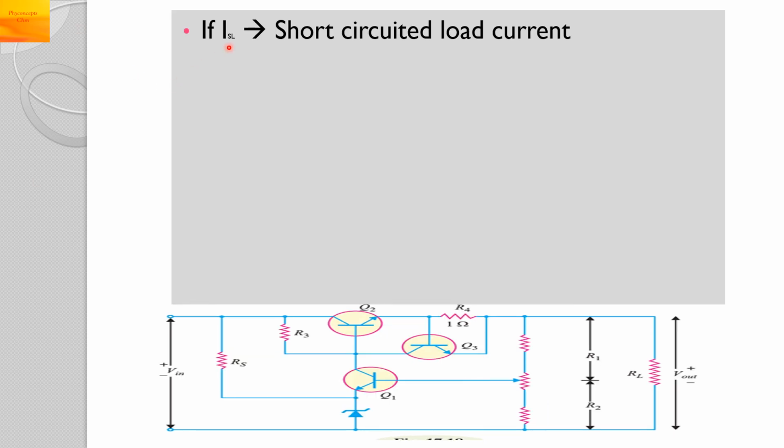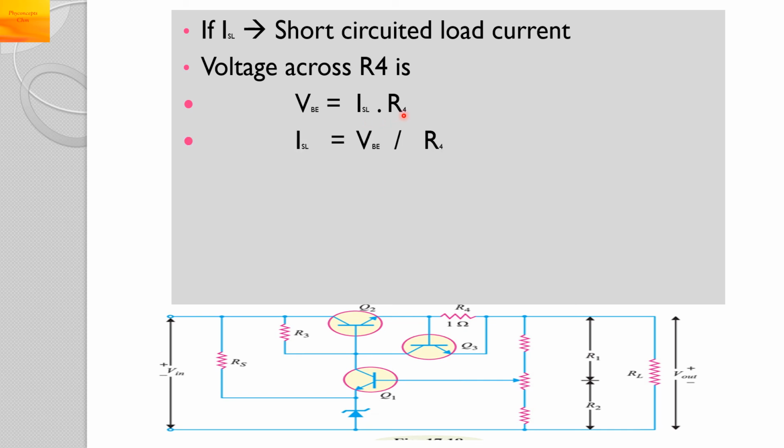So, if we denote ISL as the short circuited load current, then the voltage across R4 is given as VBE equal to ISL into R4. We can rearrange it to get ISL, that is VBE upon R4.